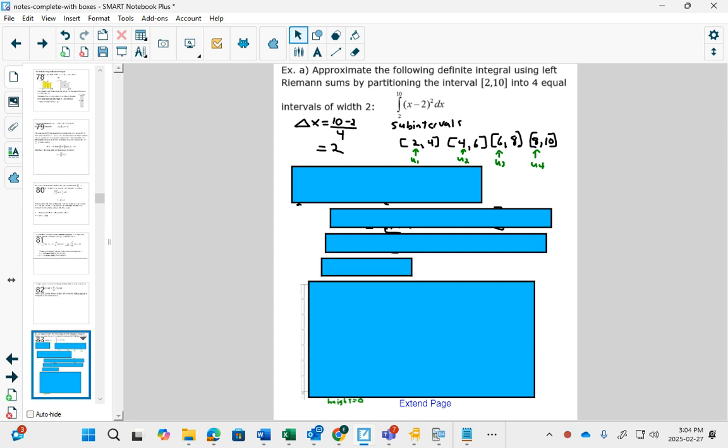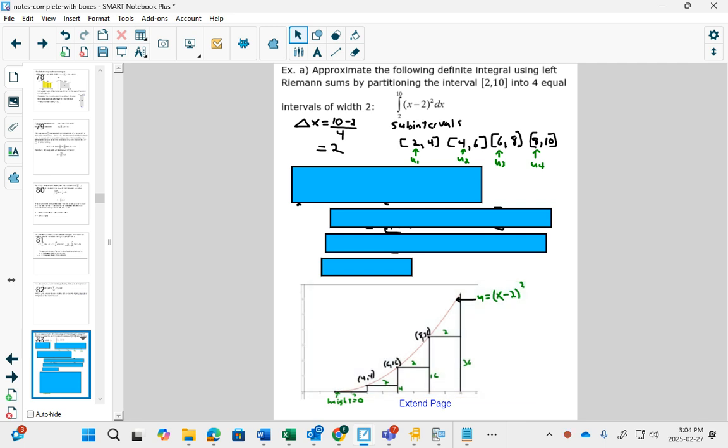Here's a picture of what's happening. And notice we got the little arrows always on the left ones. Here are those left rectangles. Obviously, because the function is increasing, we would have an underestimate.